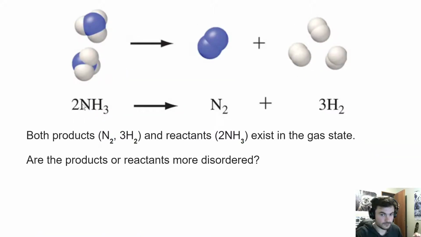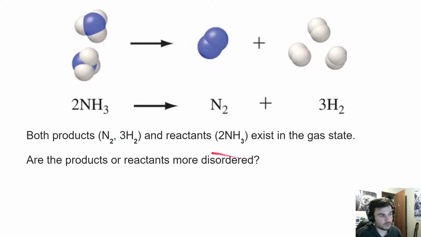Here is slightly different. We have NH3 reacting to go to N2 and hydrogen gas. Ammonia gas making nitrogen gas and hydrogen gas. Here, both the products and the reactants exist in the gas state. So are the products or reactants more disordered? We can't look at the state change.